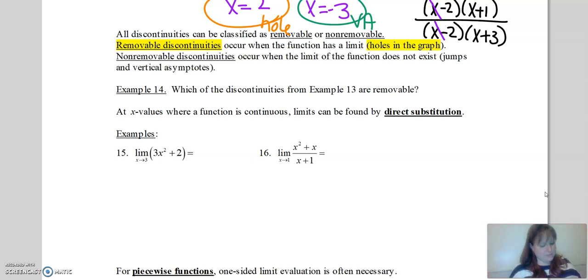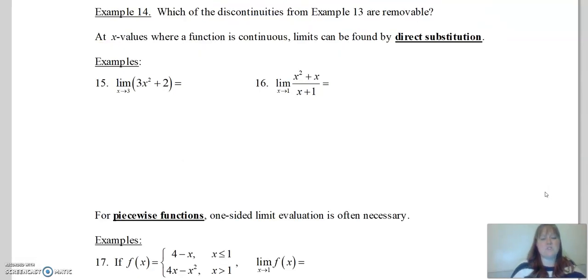So when we're doing limits, and we have a continuous function, we know that means the limit from the left equals the limit from the right, and it equals the function value, right? We know this. So we can do this thing called direct substitution, which basically means we know what the function value is. We can just plug the value in for the function and find it.